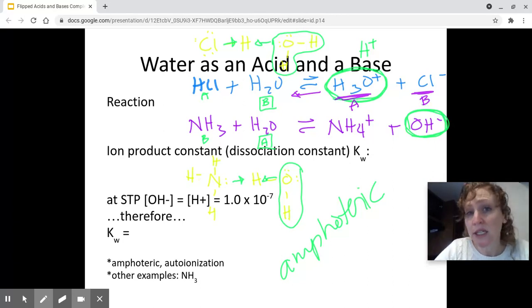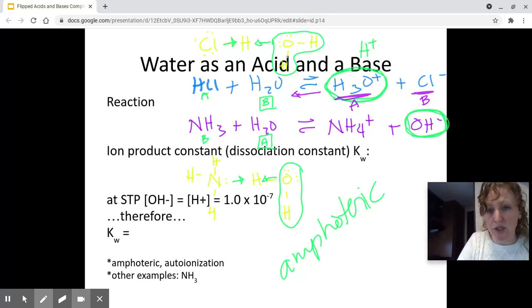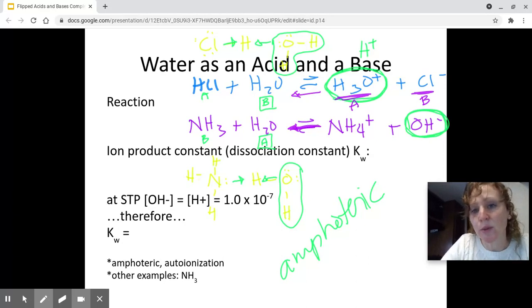Likewise, ammonium and the hydroxide ion act in similar ways. If these two were to react together and push the reaction in the reverse direction, ammonium would act like the hydrogen donor, making it the acid. Hydroxide would act like the hydrogen acceptor, making it the base.